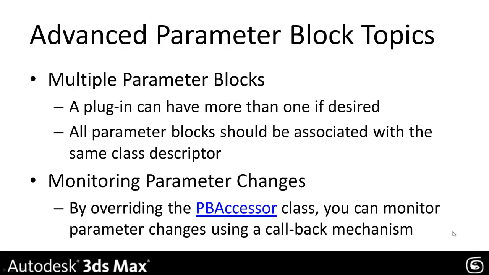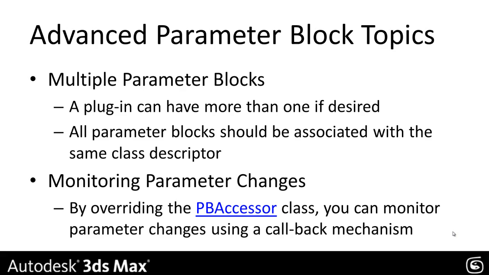I'm not going to go into a lot of detail with these advanced parameter block topics, but I want to make you aware that you can have multiple parameter blocks, more than one if desired. All the parameter blocks should be associated with the same class descriptor. A plugin has a single class descriptor, and if you have multiple parameter blocks, they should be associated with that one.